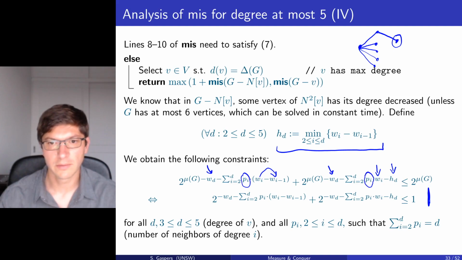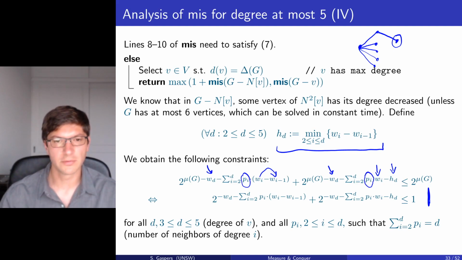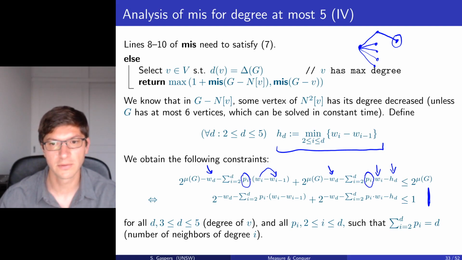So we get such a constraint for every possible degree D that's between 3 and 5, because V has degree at least 3 and at most 5. And so the neighbors of V have degree between 2 and D. No neighbor can have degree more than V, because V was selected as a maximum degree vertex.